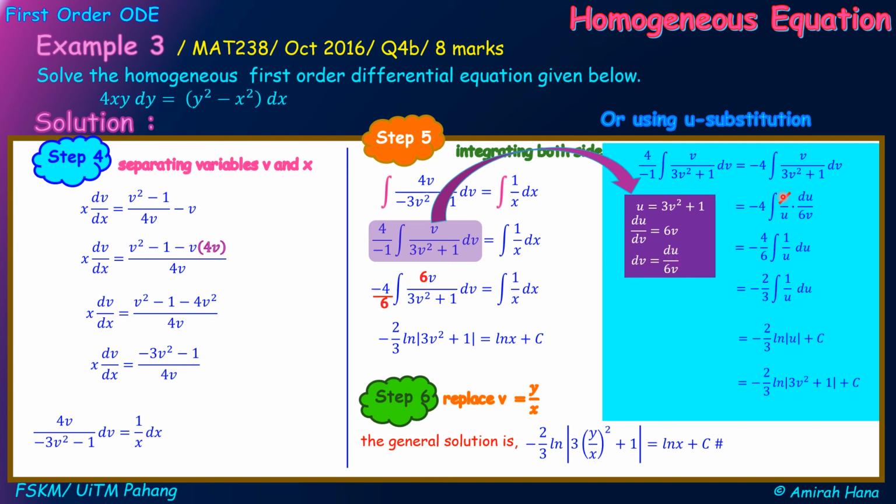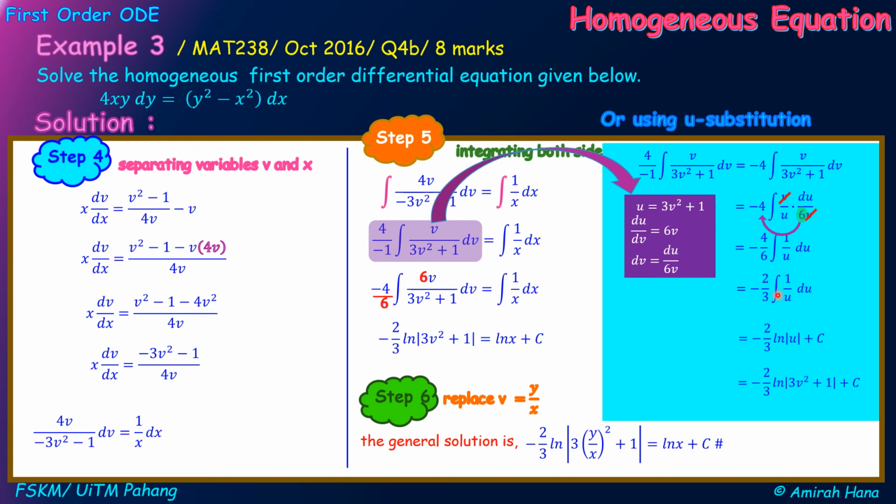From here we can simplify v from the numerator and v from the denominator, and at the same time we can move constant 6 outside the integration sign, so it becomes over 6 because 6 comes from the denominator. And then we simplify negative 4 over 6, so we have negative 2 over 3.